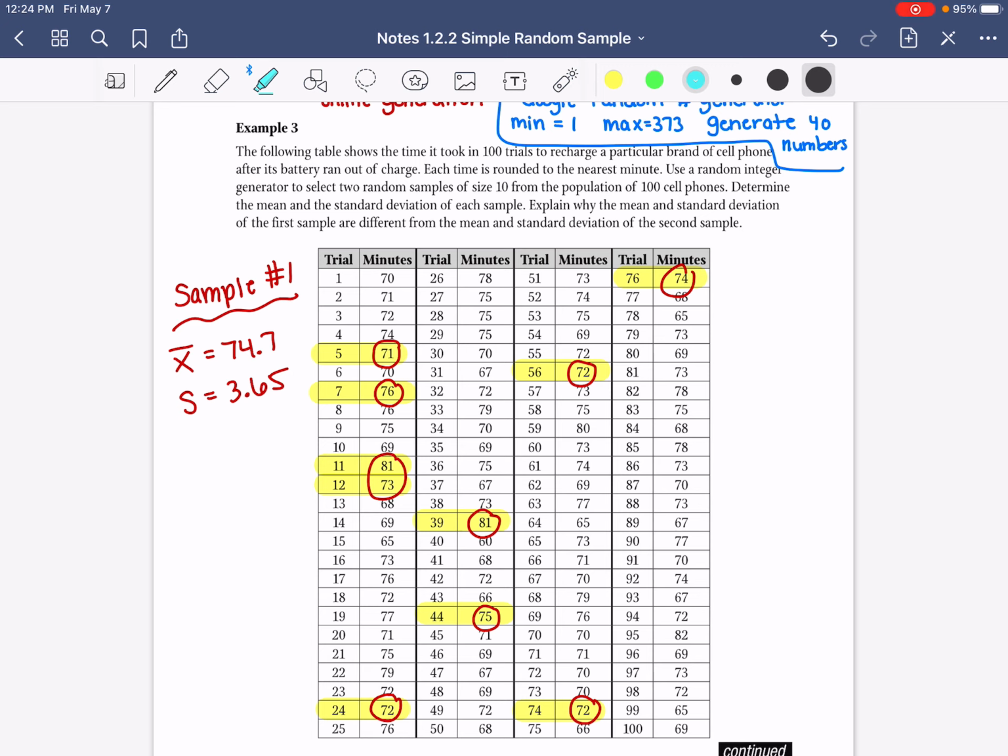So I got 84. I got 44, which I already did once. We're going to use it again.